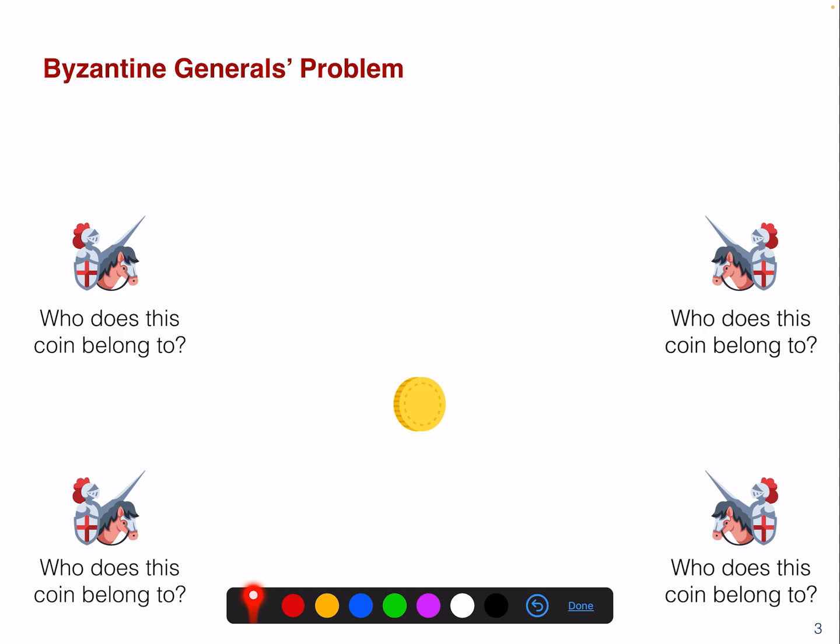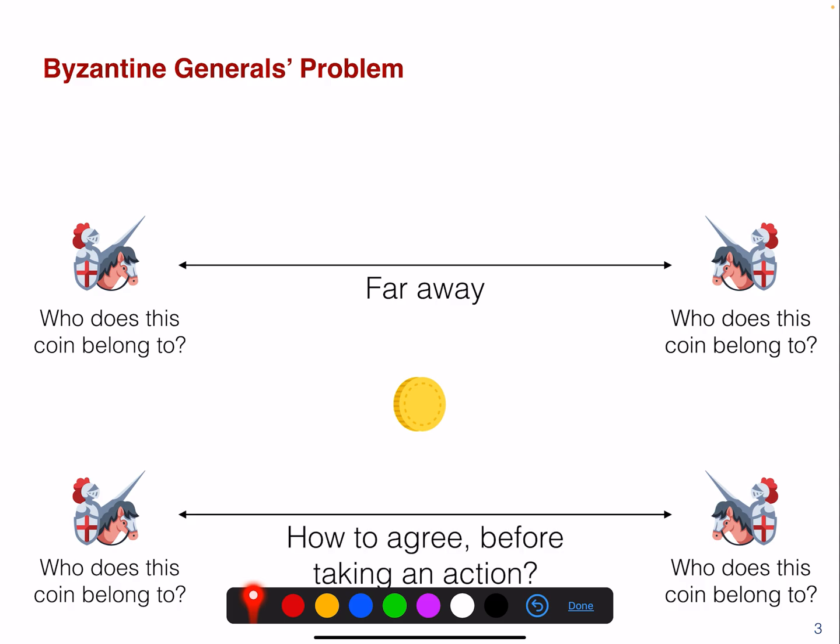They are still far away, so they still don't know how to agree before taking an action. For example, if this knight wants to pay that knight with the coin, then everybody has to agree that this coin actually belongs to the payer. Otherwise, he wouldn't be eligible to spend that coin.